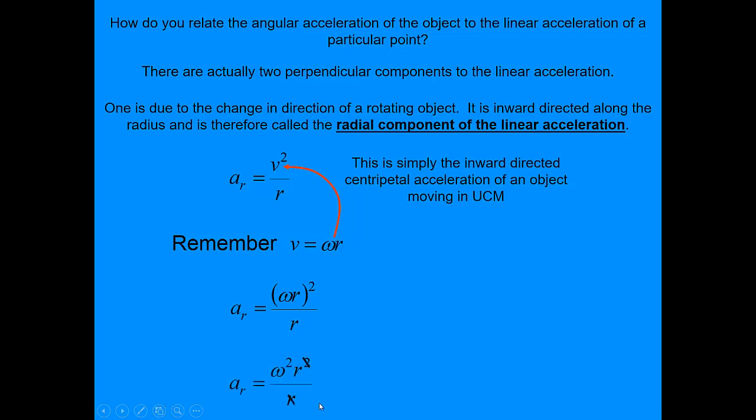Of course, one of those r's will cancel. And so we have two ways now to calculate that radial component: speed squared divided by the radius, or in terms of what it's doing rotationally, angular velocity squared times radius.